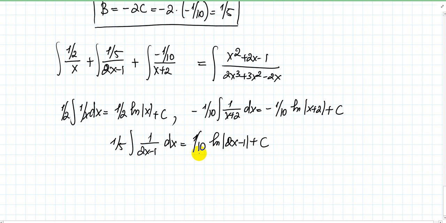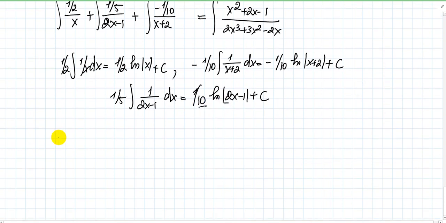Okay? So do you understand where this 10 comes from? Because of this t, right? Because of this rule. If you have to integrate 1 over x plus 1, then this will be simply ln of x plus 1, right?